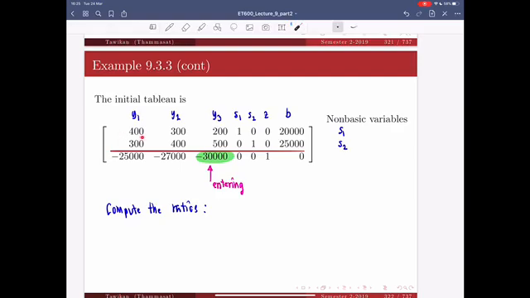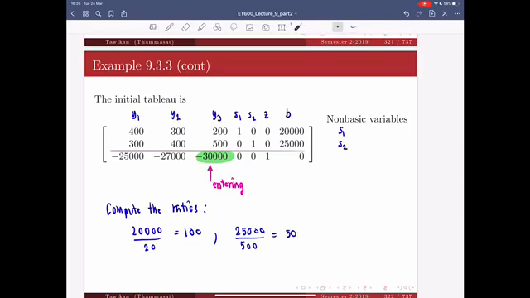Out of the first row, we divide B by the coefficient of y3. So 200,000 divided by 20 gives me 100. Do the same thing for the second row. Divide 25,000 by the coefficient of y3, the entering variable, which is 500. That's going to give me 50.